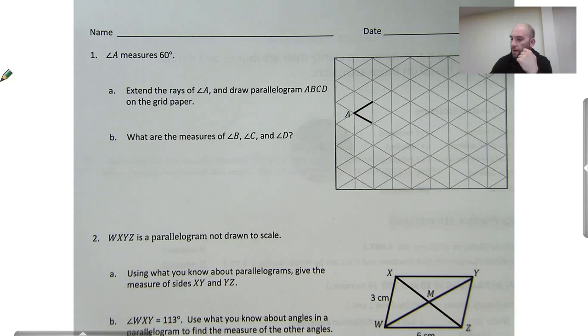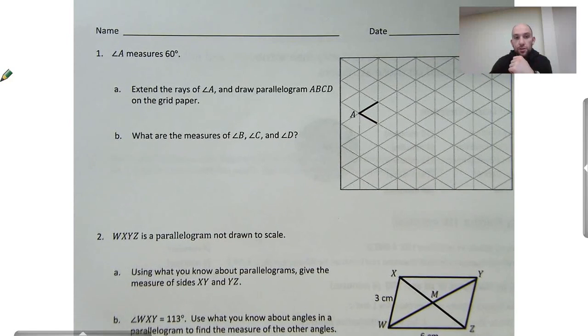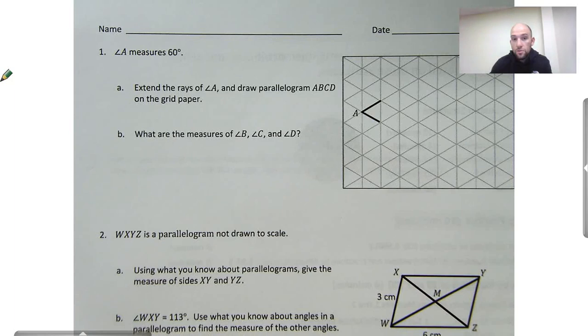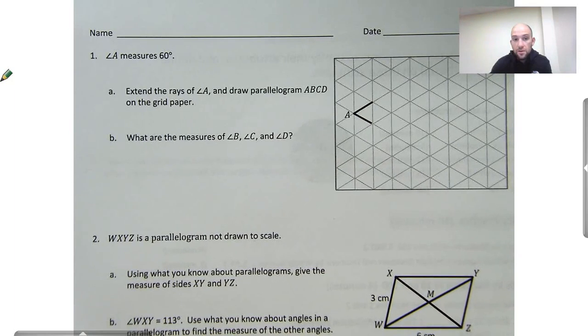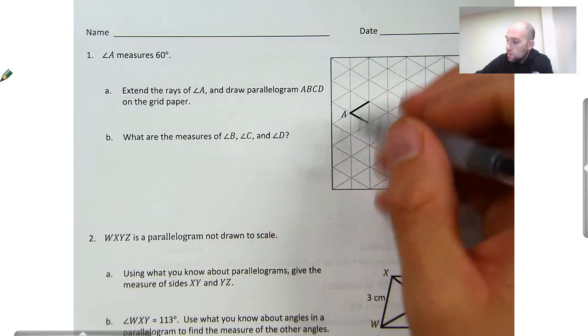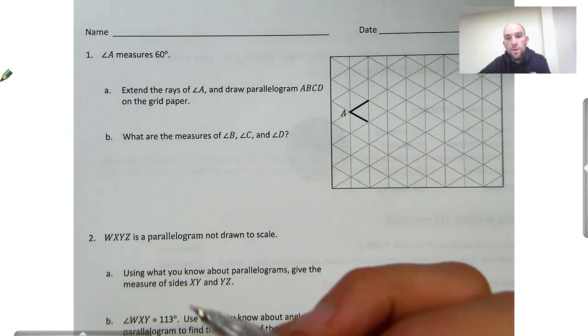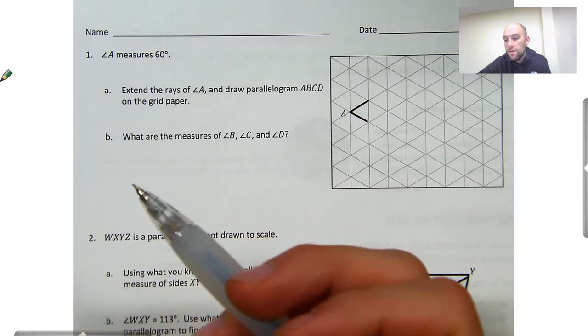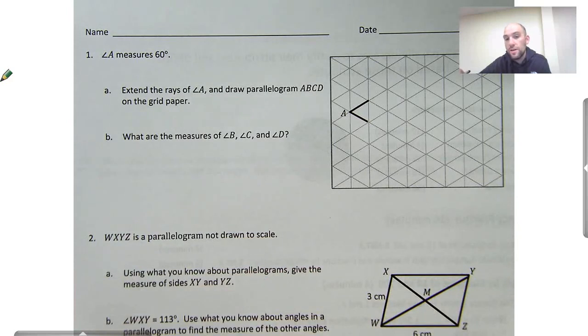And it says for number 1 here, angle A measures 60 degrees. And it says extend the rays of angle A, and draw parallelogram ABCD on grid paper. So parallelograms, because they're a quadrilateral, they'll have 360 degrees if you add all the angles up.